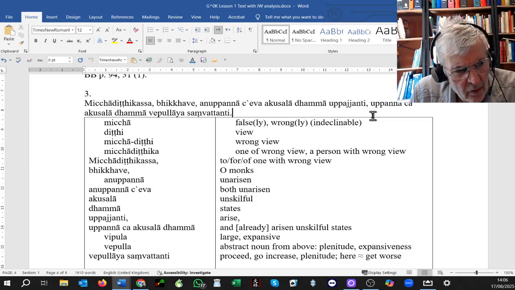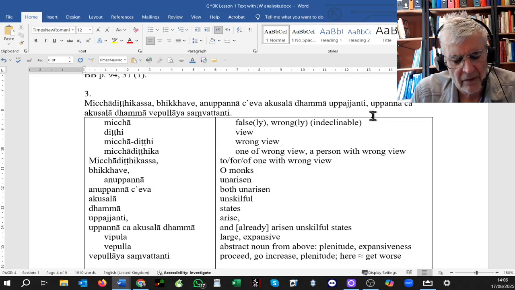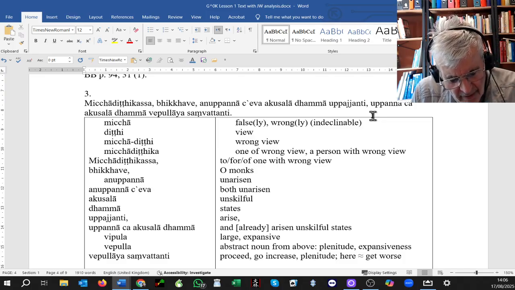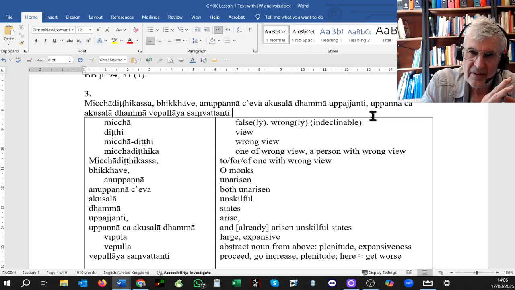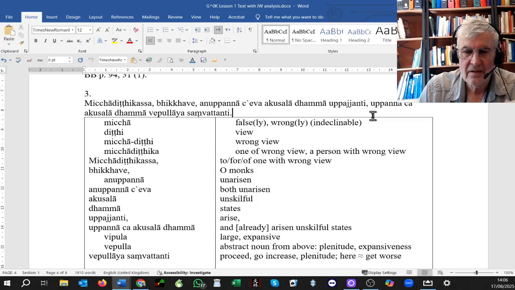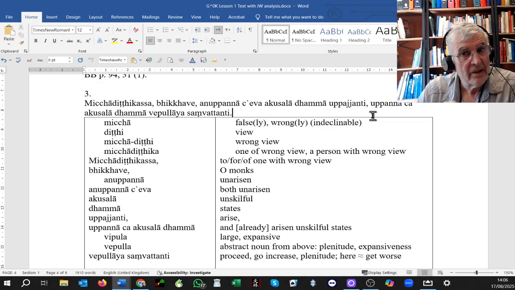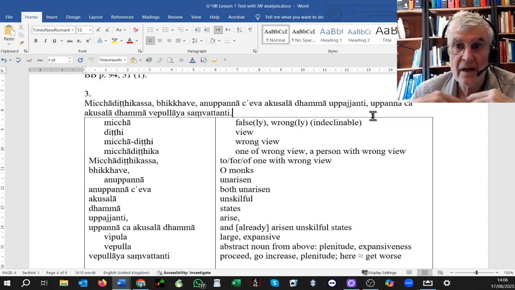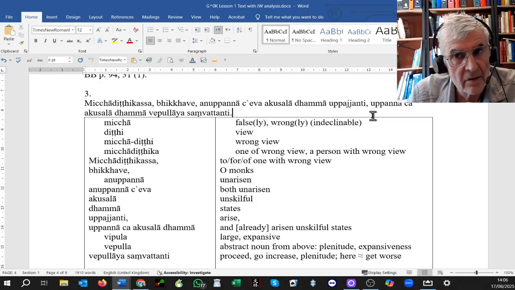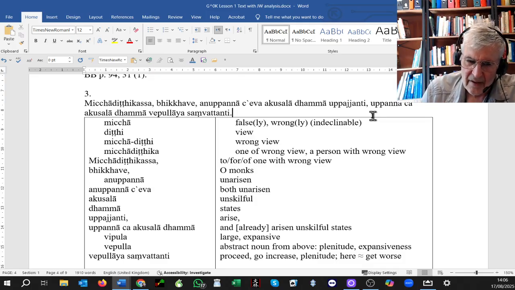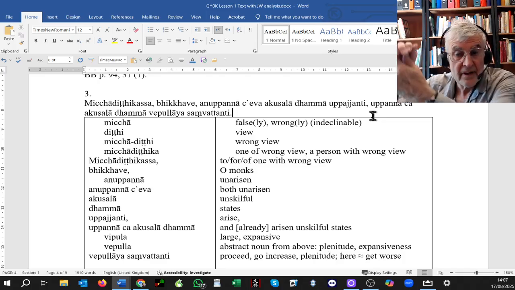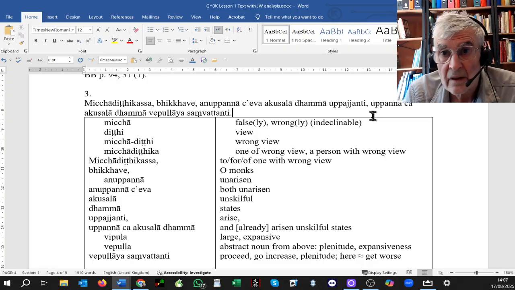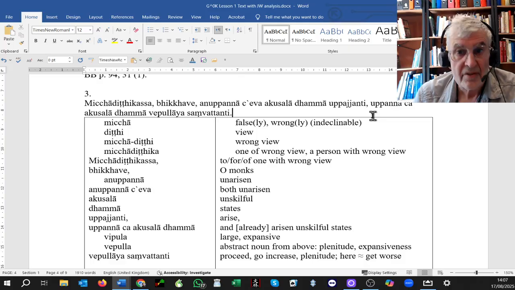What's the difference between uppada and samuppada? Uppada can be used to mean just the act of arising, whereas with the prefix, samuppada tends to indicate the completed result of that act, therefore actually being born, coming into existence. The distinction isn't hard and fast, but there's that undertone there. Uppada, the act of arising; samuppada, the completion of that act, and the thing that comes into being as a result of the arising.